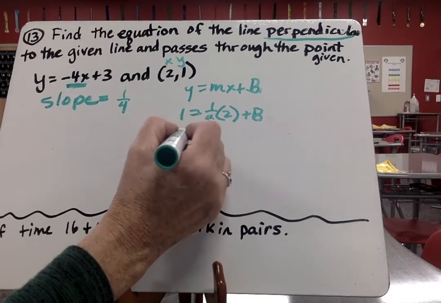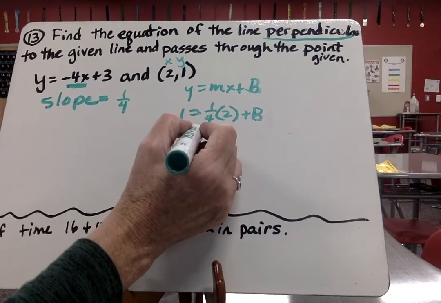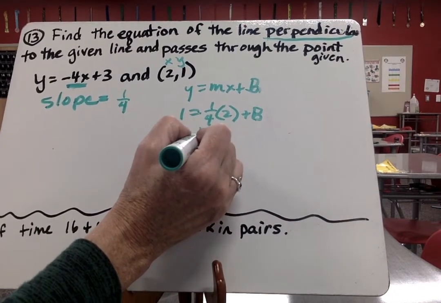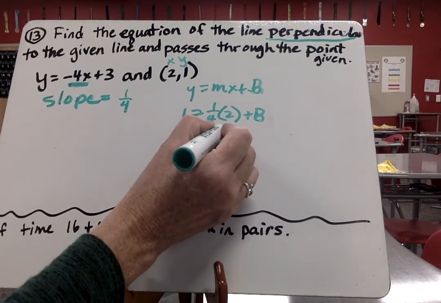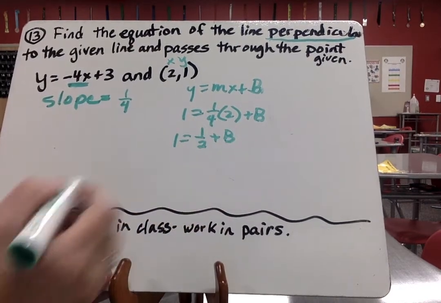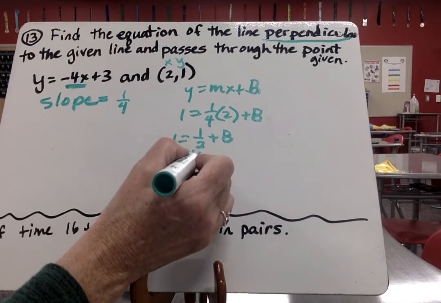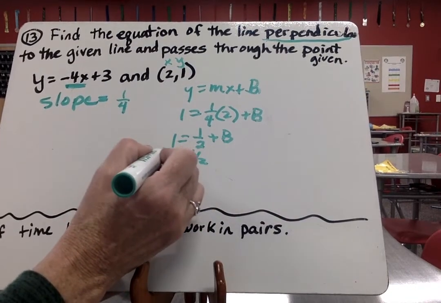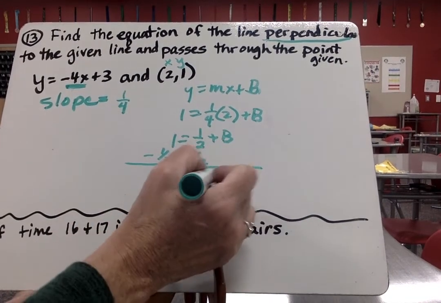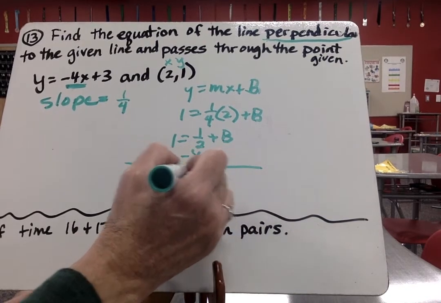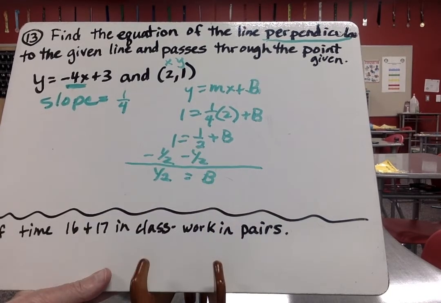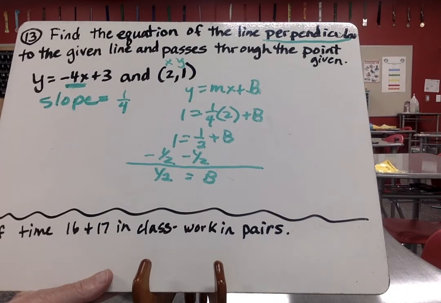So 1 equals, 1/4 of 2 is 2/4, which reduces to 1/2. This is positive, so we subtract 1/2 here. So B equals 1/2. And if you got 0.5, that's just fine.